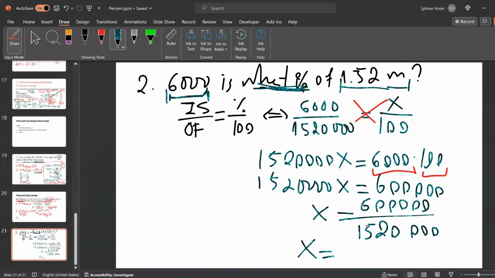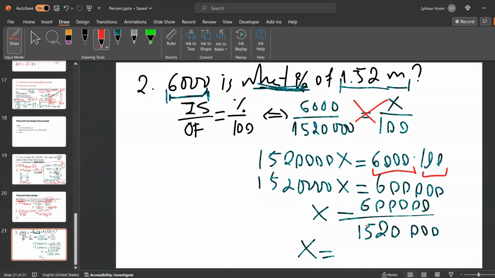What is the first thing we do when we have so many zeros at the numerator and the denominator? Is it divide?